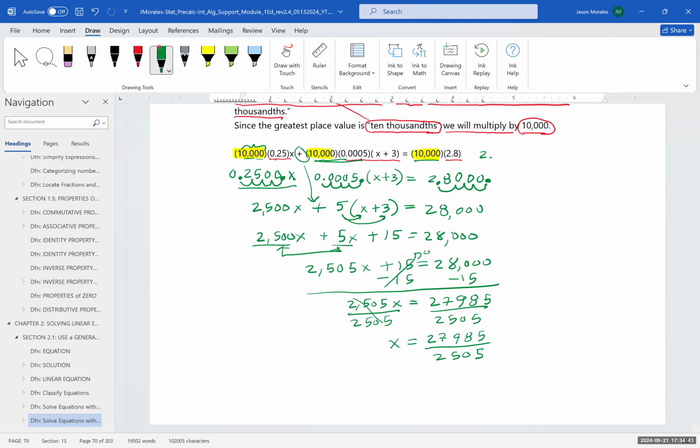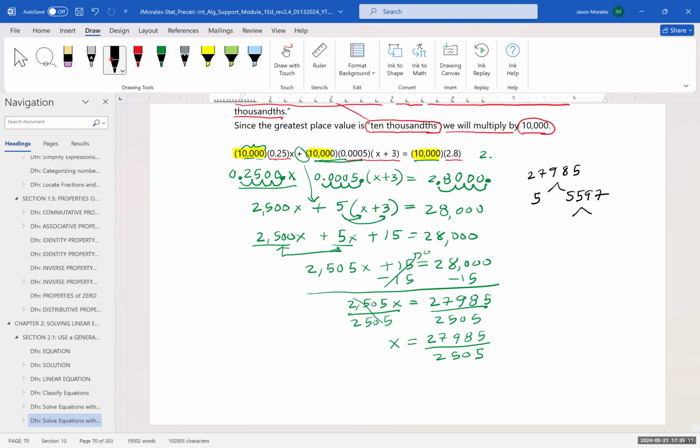Now we have to see if this can be reduced. So what we need to do off to the side is factor trees for 27,985. And so 2 and 3 don't work, but 5 does. And we're left with 5,597.